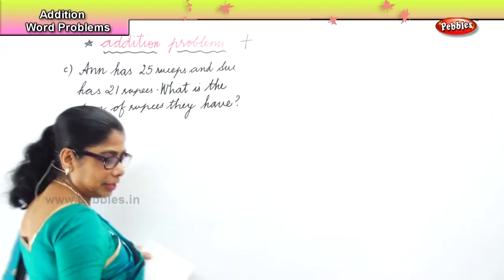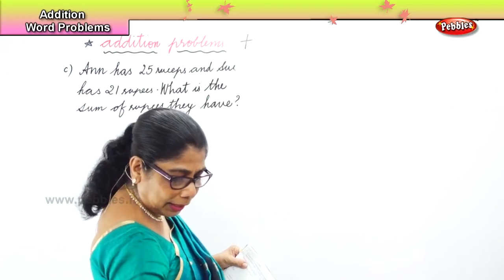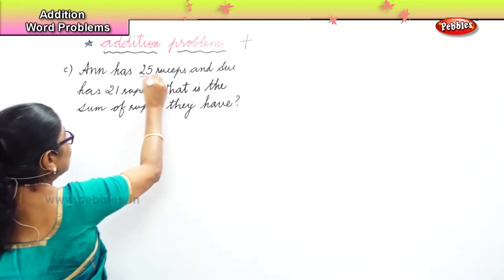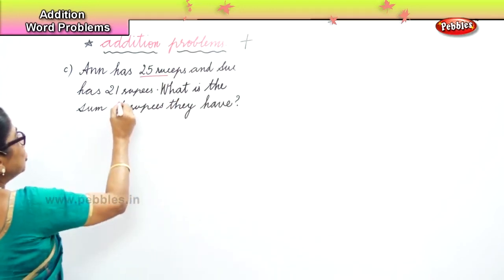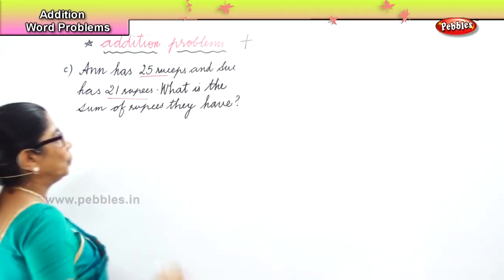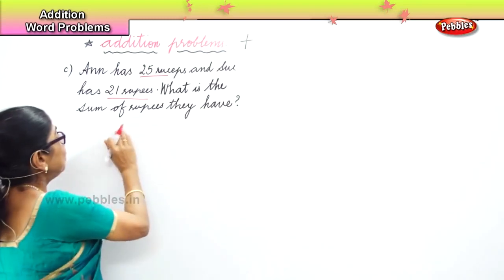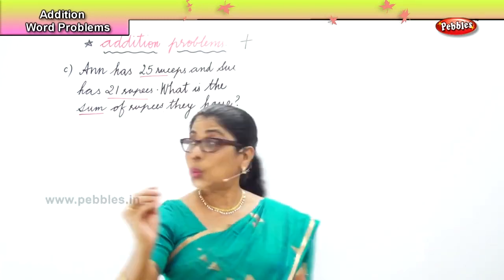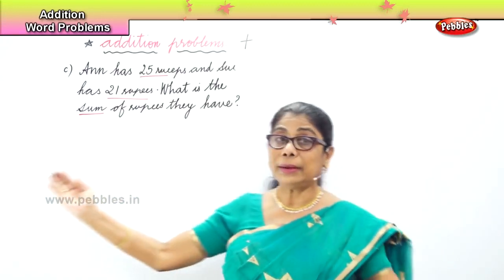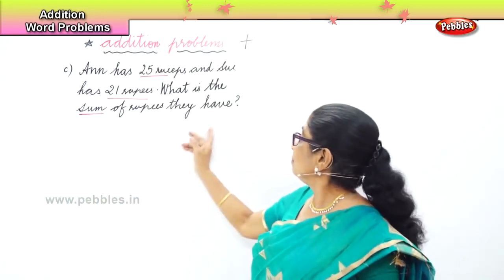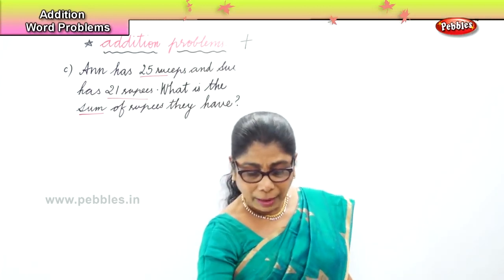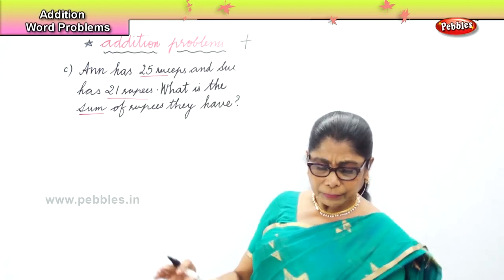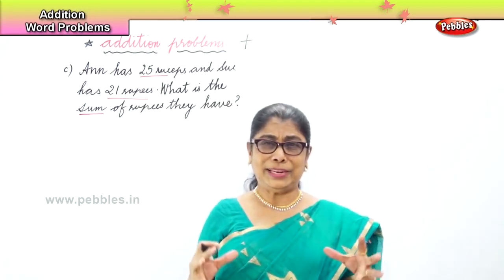Now, that's a question. First, what are we looking at? Anne has 25 rupees, Sue has 21 rupees. What is the sum? Sum. That's the word we are looking at. What is the sum of rupees they have? They have both together. You have three statements we need to write.